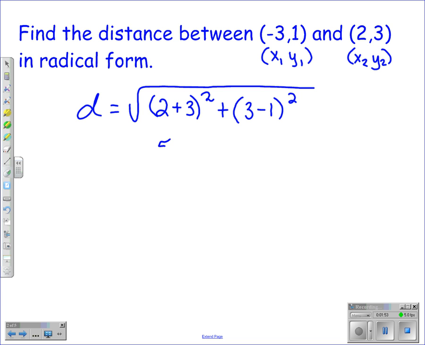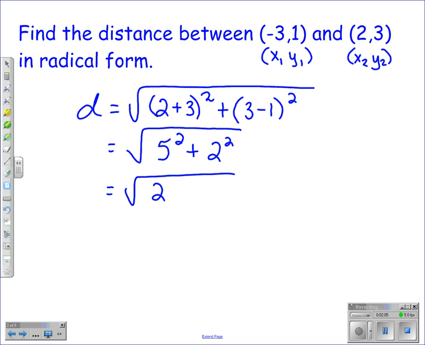2 plus 3 is 5, so that's 5 squared. 3 minus 1 is 2. That is 2 squared. We'll keep the square root over that. In our next step here, we have 25 plus 4. And 25 plus 4 is 29, and we'll have the square root of that. For the purpose of our answers, we wanted it to be in a radical form.